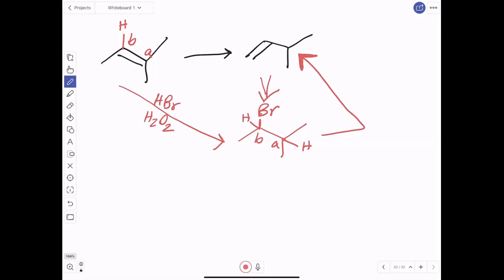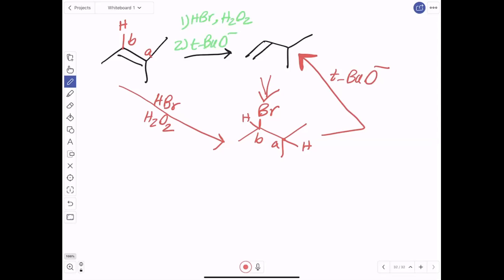Z for Zaitsev, H for Hofmann, decide, type it. Hofmann, so we add tert-butoxide, a bulky base. So step 1 is HBr and peroxide. Step 2 is a bulky base.